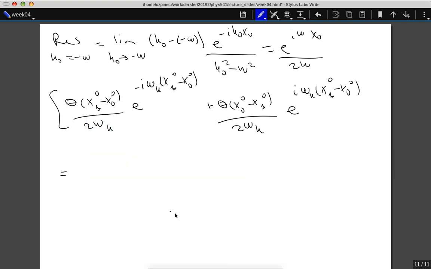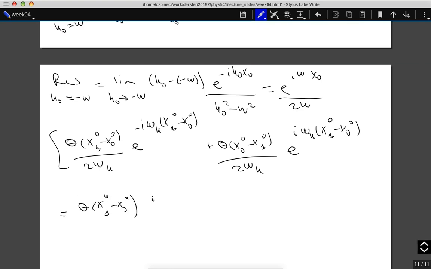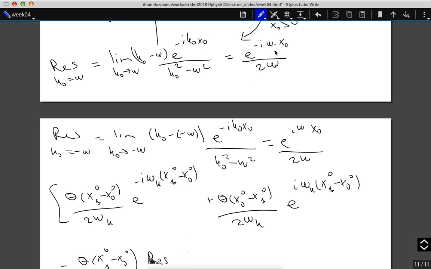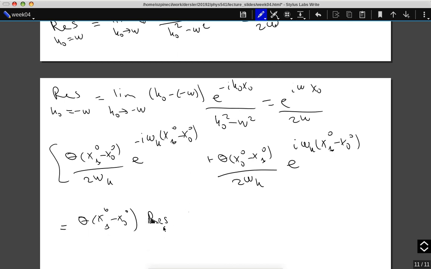This will be equal to theta of x0 minus... You see, the first one is the residue of my integral at k0 equal to omega. The second one over here is actually the residue when k0 is equal to minus omega.